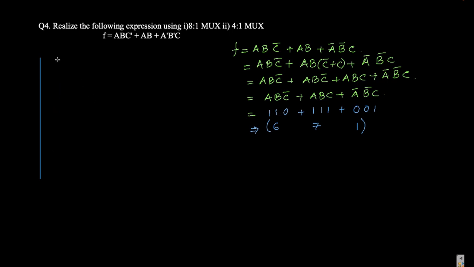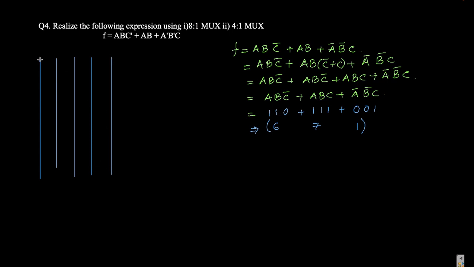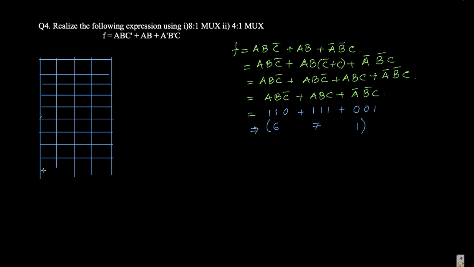A, B, C are the 3 inputs and F is the output. How can we draw it? This is your A, with rows 1, 2, 3, 4, 5, 6, 7, and this one is your 8.